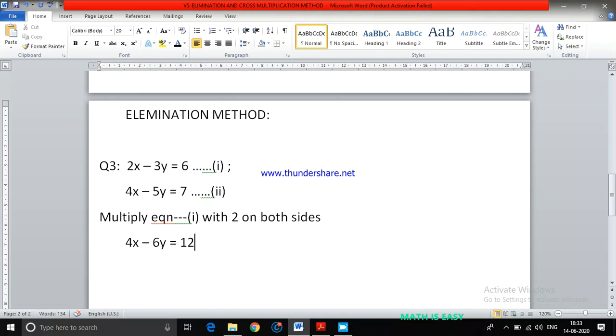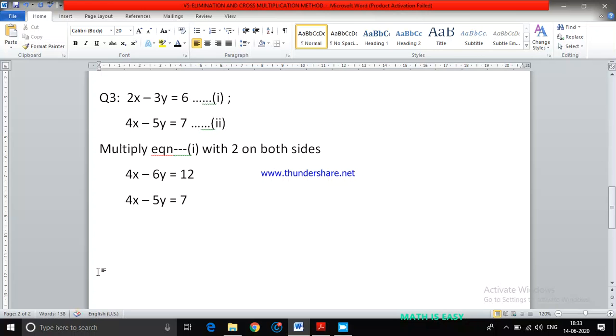So this is our new equation. Let me copy this equation again here down. Now here you got this as 4x. This is also 4x. So once you make them the same coefficient either for x or for y, here I am doing it with respect to x. Maybe we'll solve with respect to y also.